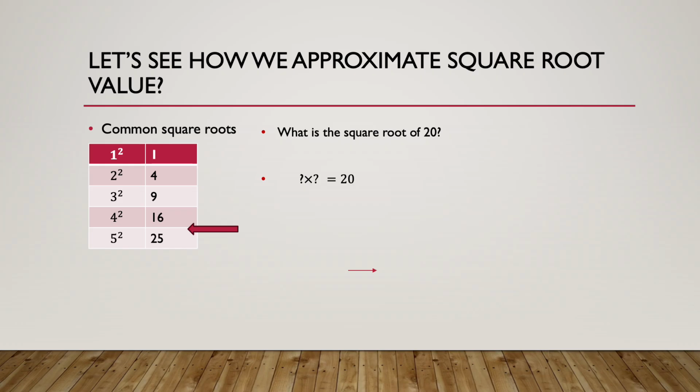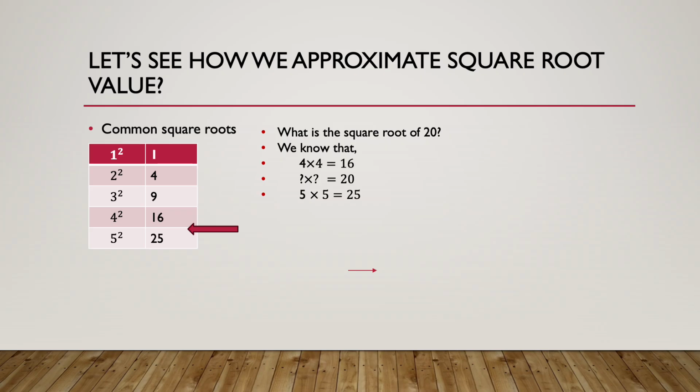Let's go. This question is tricky, different. When you see this question, what is the square root of 20? Can you see 20 in the left column? No. So you cannot find 20 among the common squares.